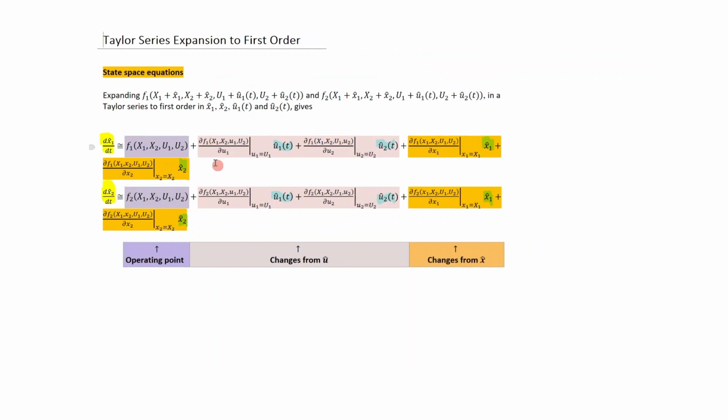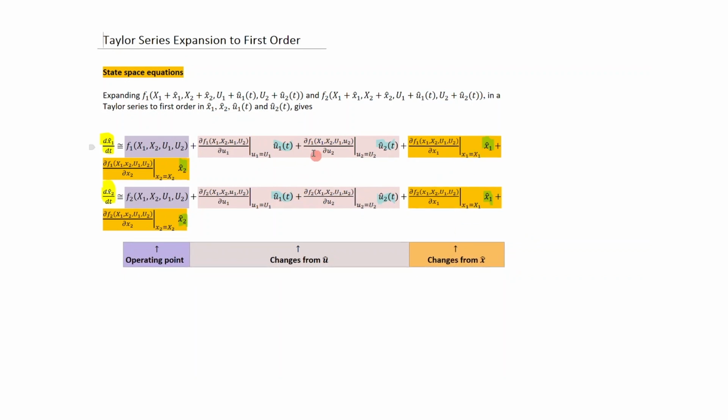All right, so here we're just showing the first order expansion, and so there's the first order term, and then of course we have x1, x2, u1, and u2, and so you can see perturbations with respect to input variables and perturbations with respect to the state variables, both for x1 and x2. And so this represents the operating point. This is changes in u and changes in x.